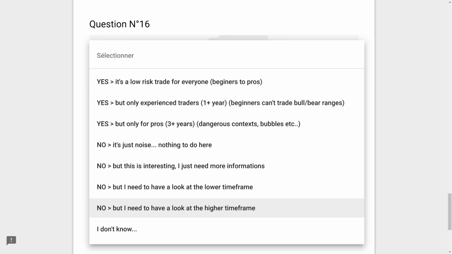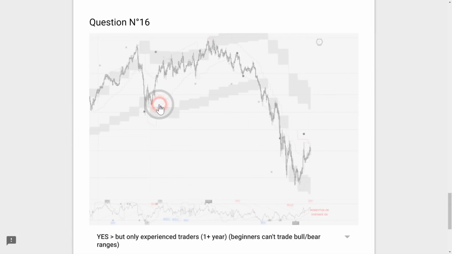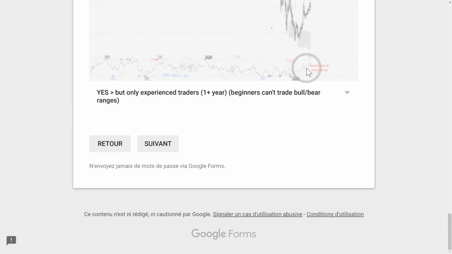All I would say is that the 28% who said just noise, there's nothing to do here, you need to have a closer look at information in the future, because those trend pullbacks, you really want to profit from them and not miss them. So I would say yes, but for experienced traders only, or having a look at a shorter time frame for others.